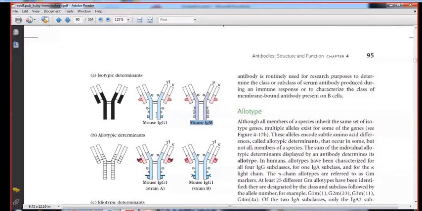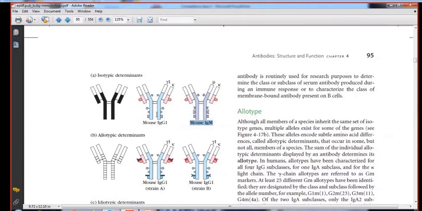So you cannot take mouse IgG1 into a human body or human IgM to a mouse body, because if we inject human IgM to a mouse body, the mouse will recognize this human IgM as a foreign particle, because the mouse will recognize whether they have a similar type of constant region or not.